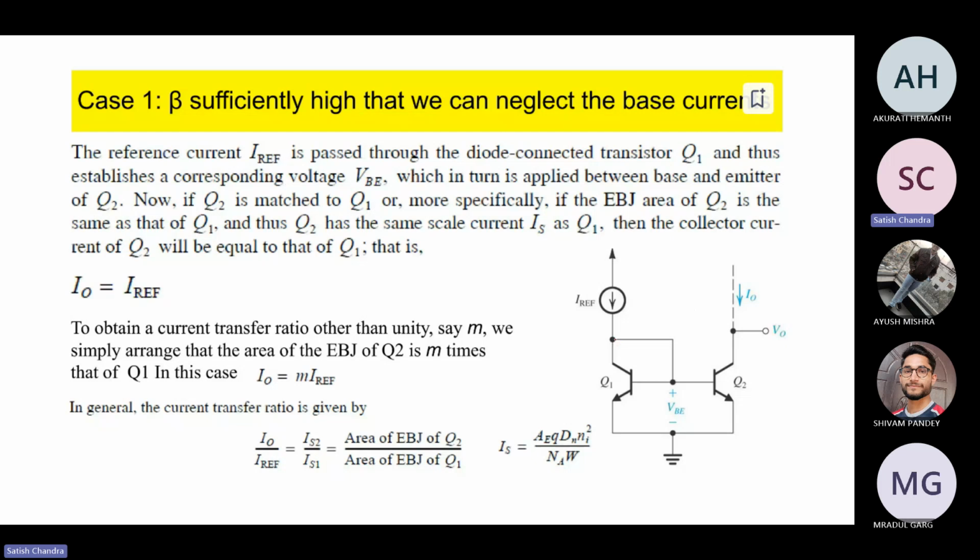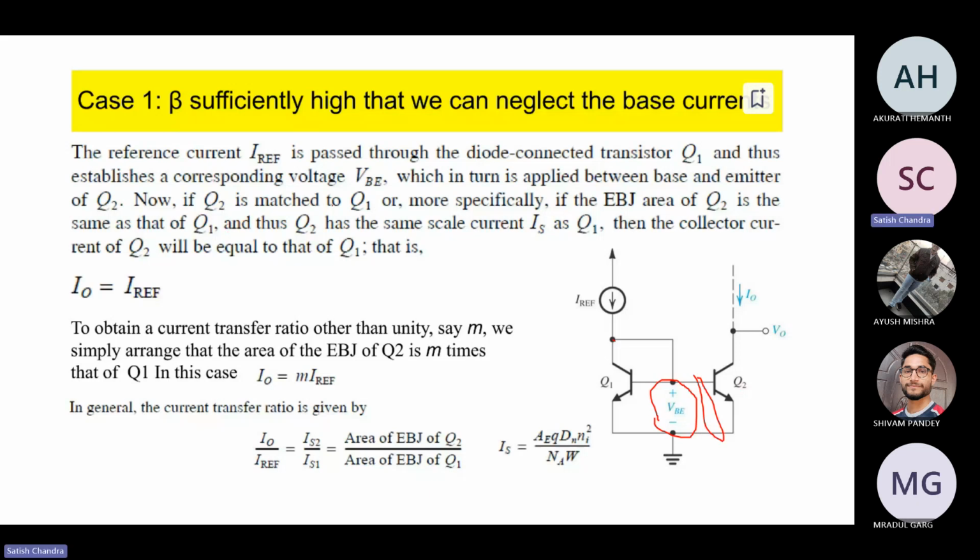This is also VBE, which is applied between the base and emitter of Q2 as well, similar to what occurs for this part.